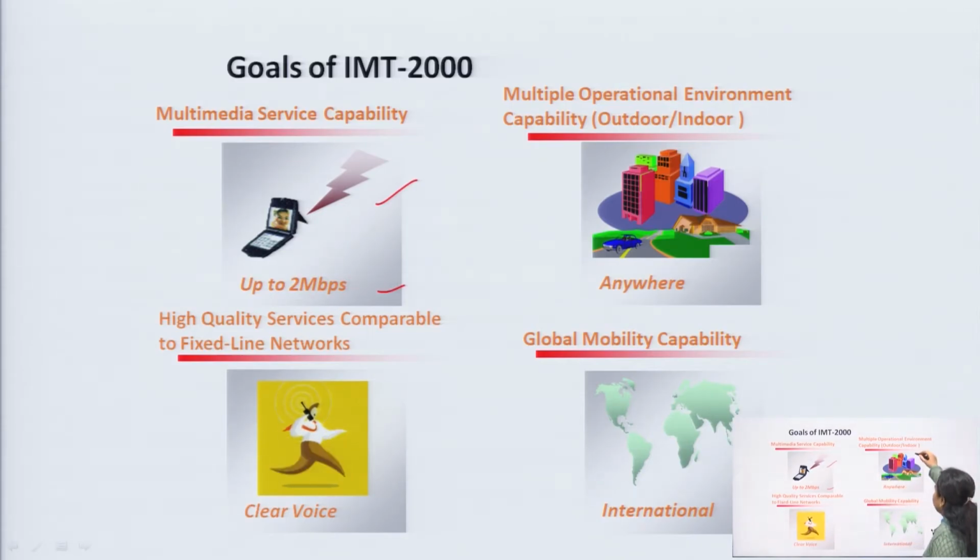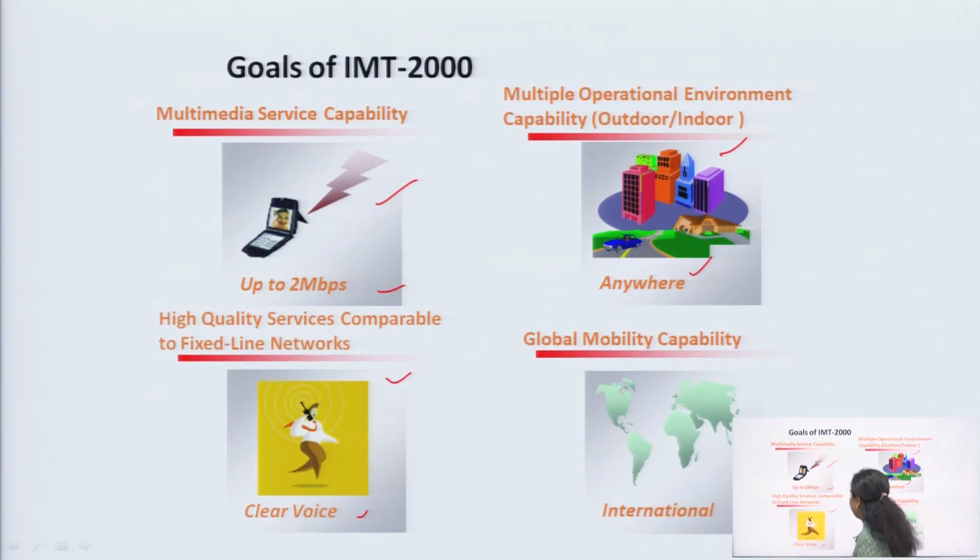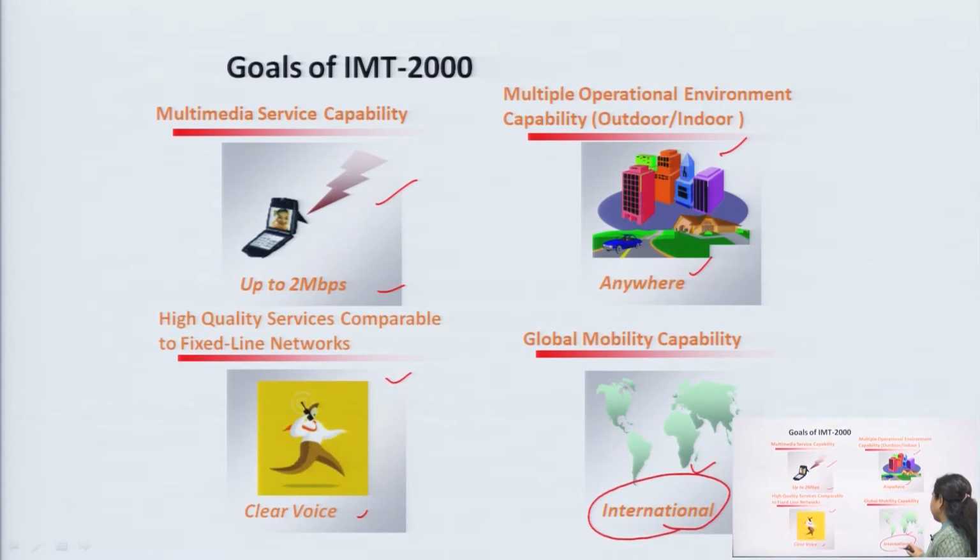Multiple operational environment capability is there, it can be anywhere, any time, means outdoor, or it can provide connectivity indoor also without any problem. Then high quality services comparable to fixed line networks are there, means it will provide clear voice. Global mobility capability it will provide for international services.